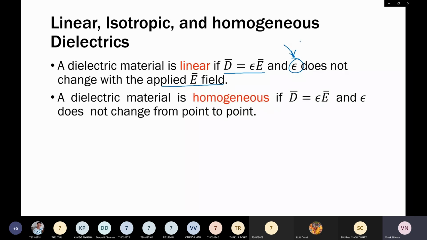A dielectric material is homogeneous if D bar is equal to epsilon E bar and permittivity does not change from point to point.